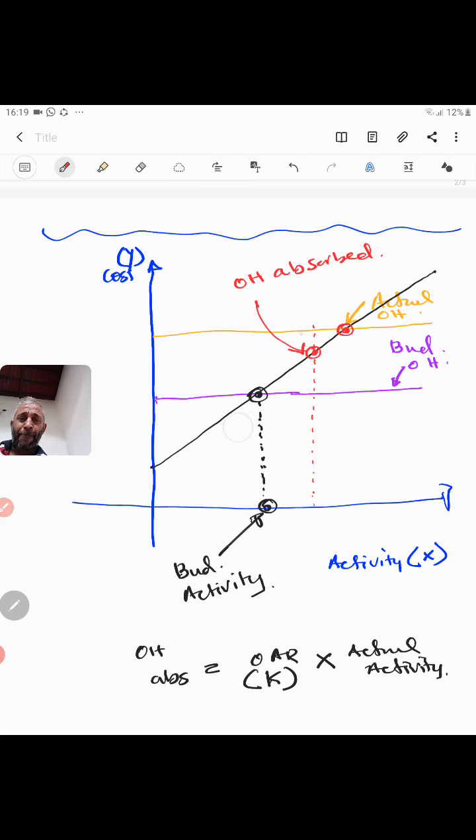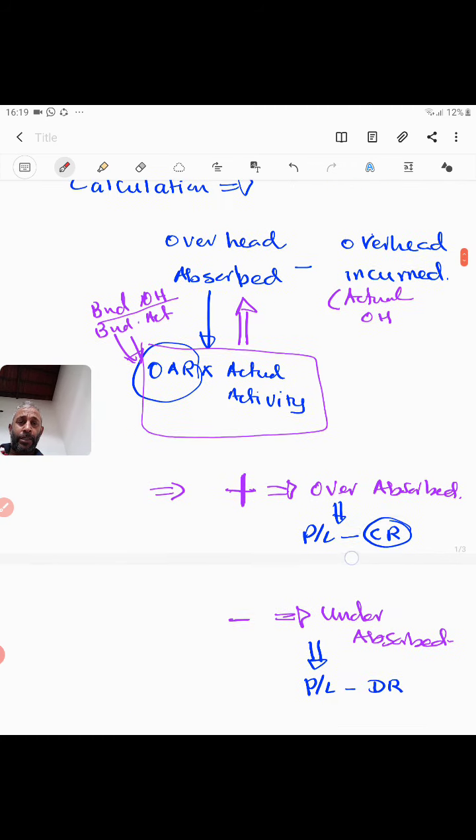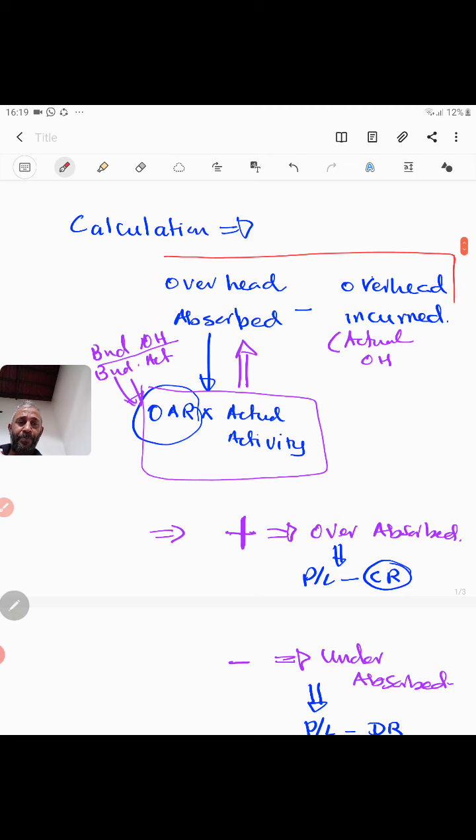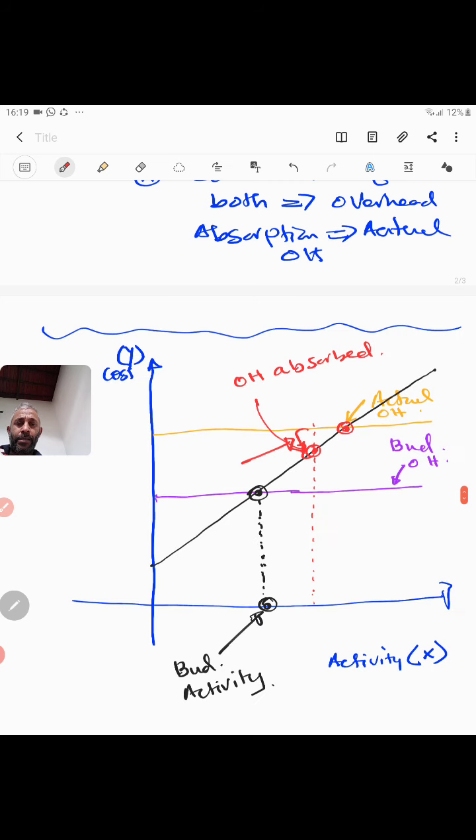So we have a gap here. This gap is the difference between actual overhead, which is greater, compared to the overhead absorbed. So, according to my equation, the diagram based on that shows this has to be under absorbed.